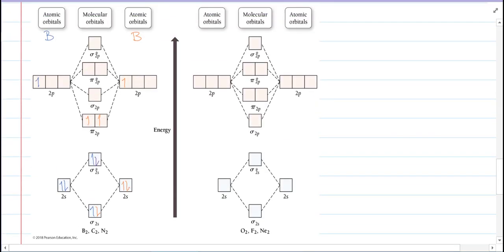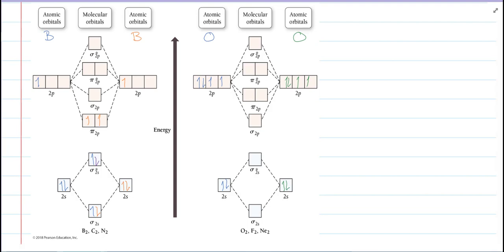We'll do one more, and then we'll go from there. O2 here. So if we look at O2, we have a blue oxygen, and then I'll have a green oxygen. So the green oxygen has 6 valence electrons, 1, 2, 3, 4, 5, 6. Of course, the blue oxygen has 1, 2, 3, 4, 5, 6.